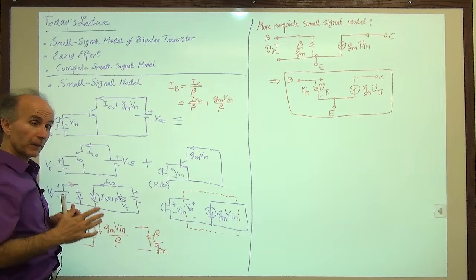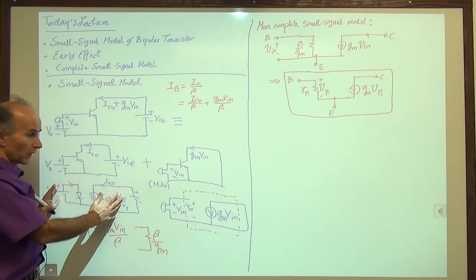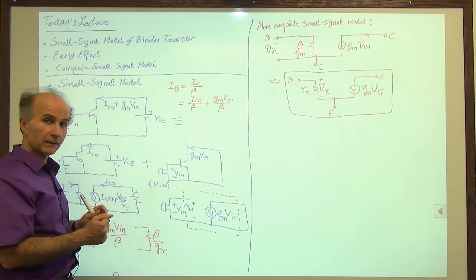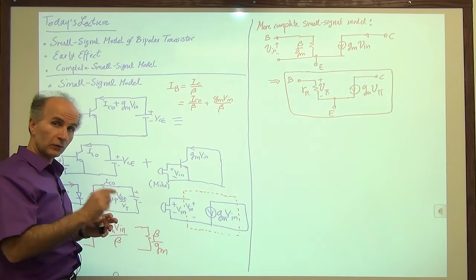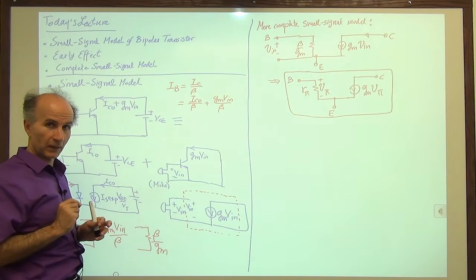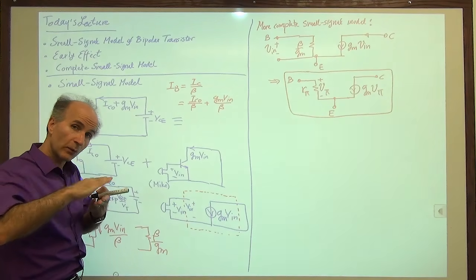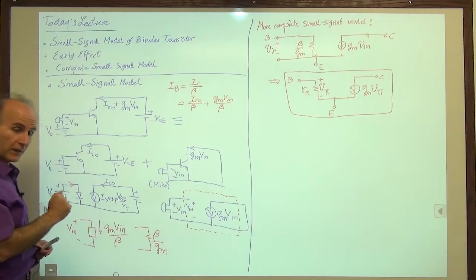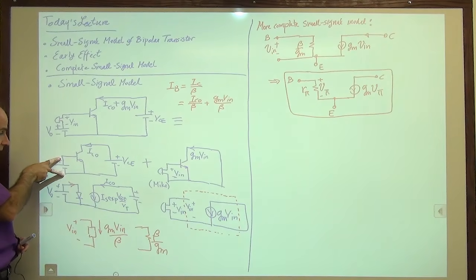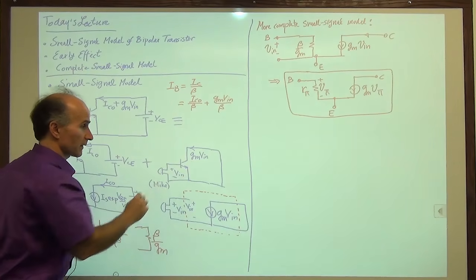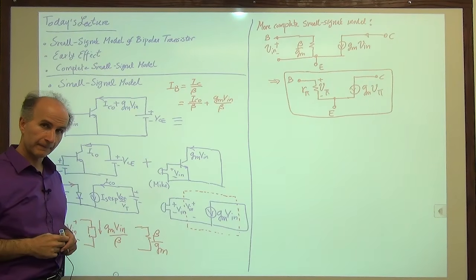Now, after we find these quantities, in the second phase we try to calculate the response of the circuit to small signals that are coming in, and these signals are superimposed on the DC voltages that we had before. So we had a voltage here, superimposed on that we have a signal, and this tells us the response to the signals.